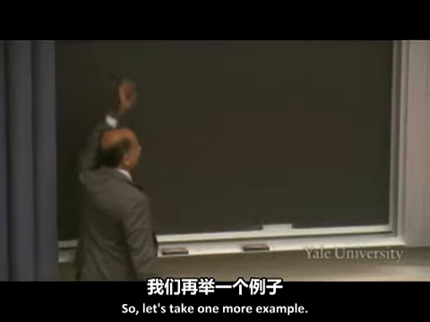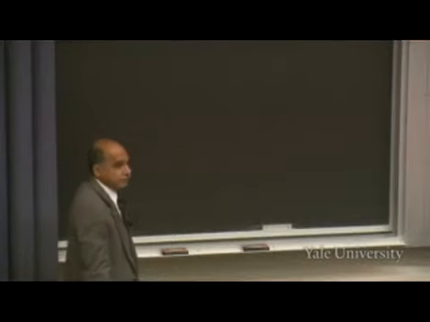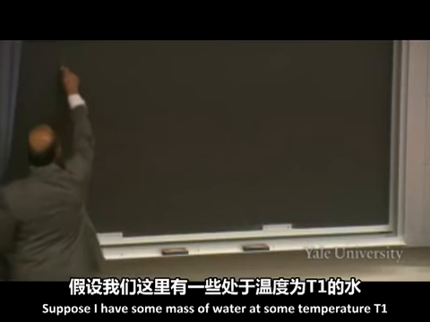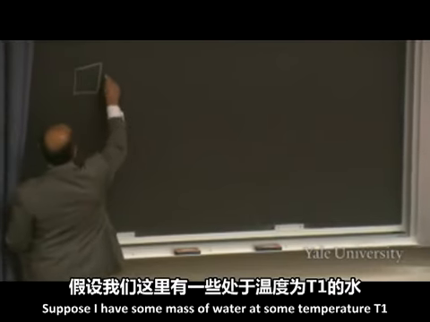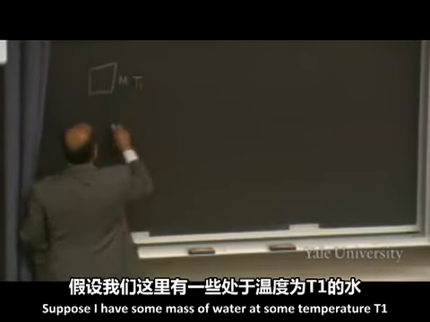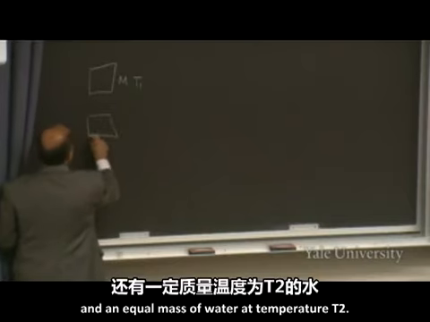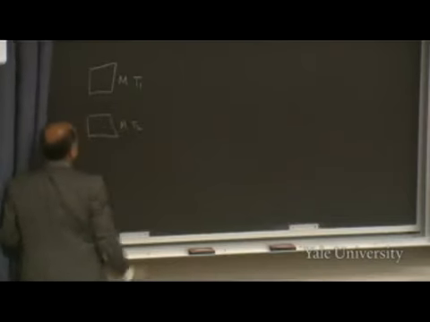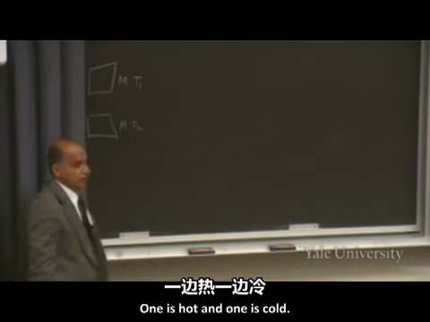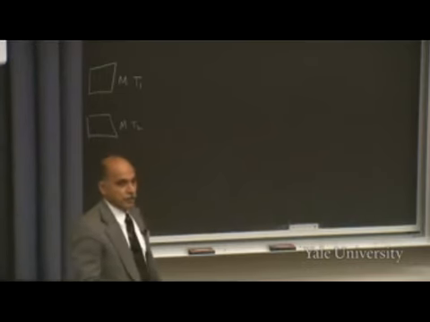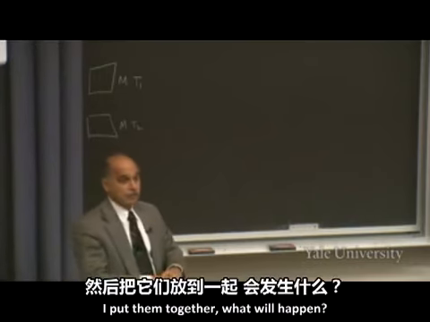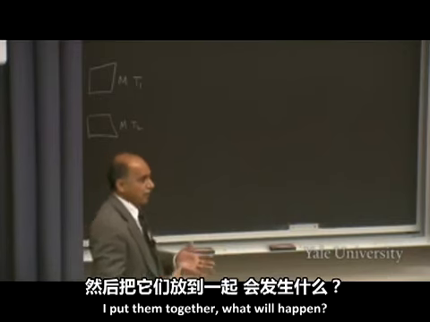So let's take one more example. Suppose I have some mass of water at some temperature T1 and an equal mass of water at temperature T2. One is hot and one is cold. I put them together. What will happen?